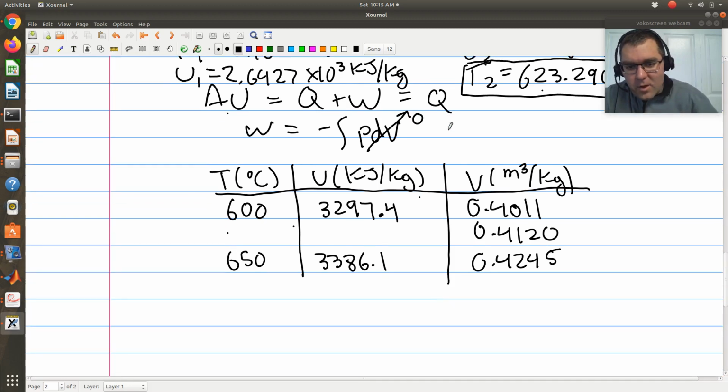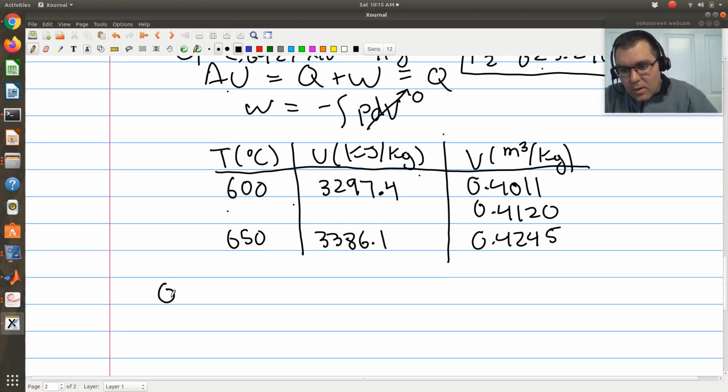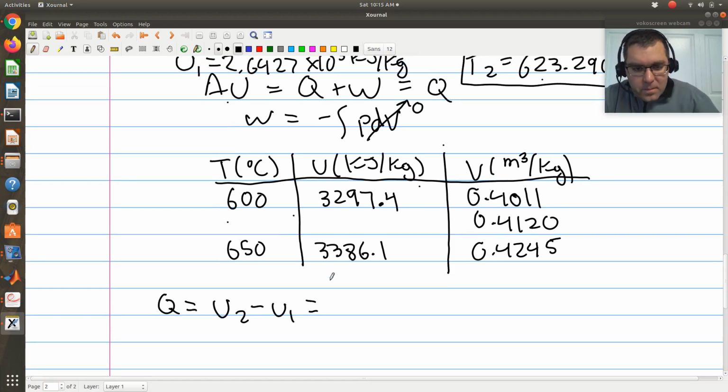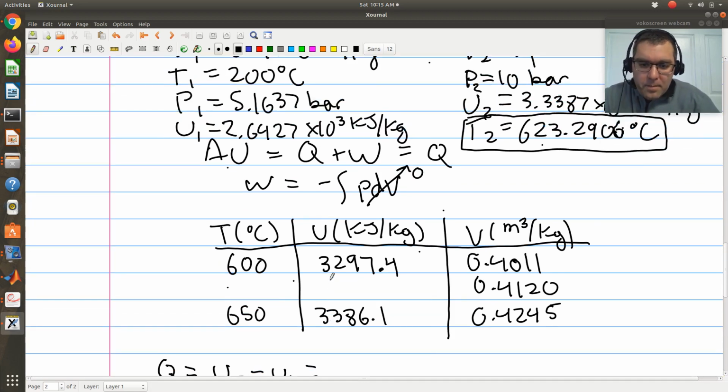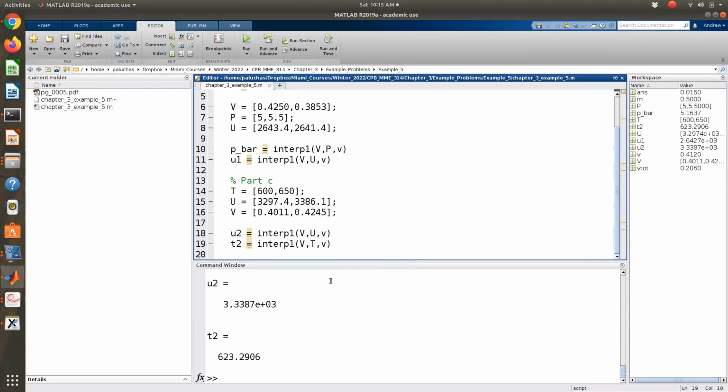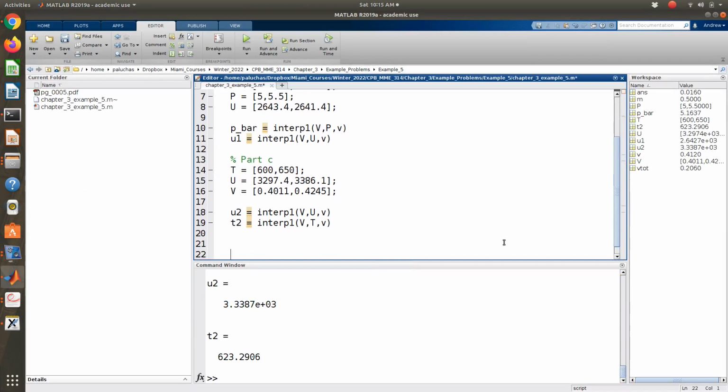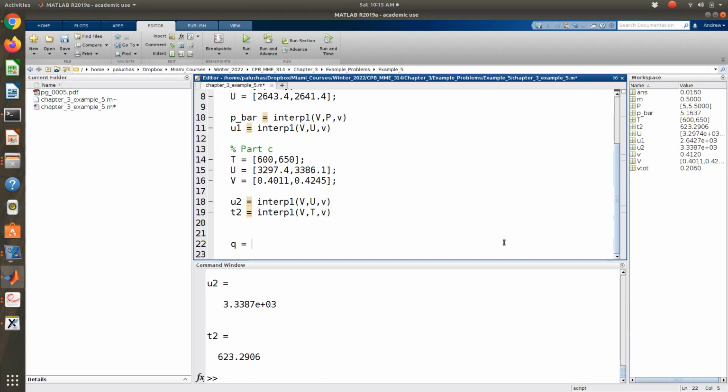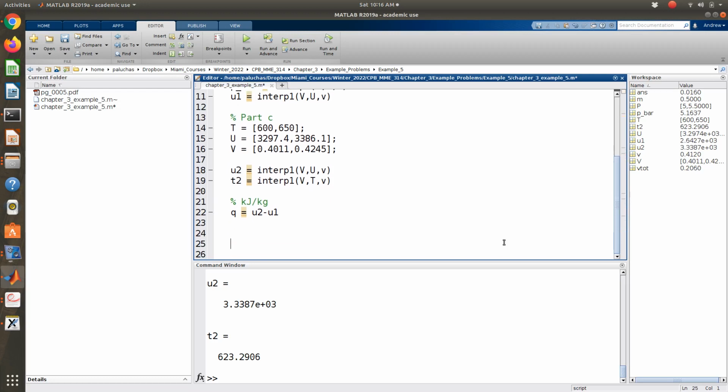And then to get Q, Q would be U2 minus U1. Let's just do it up here since I have it. So Q is going to be U2 minus U1. Note this is going to be kilojoules per kilogram, so that's my intensive specific value.